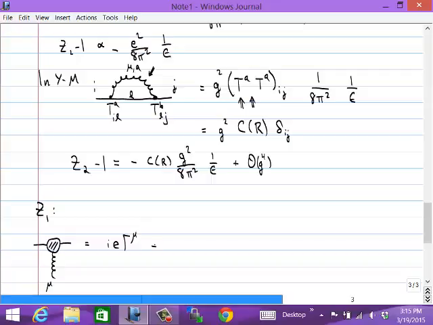And then this was equal to the tree level coupling plus the higher loop couplings. So in the case of electromagnetism, the only one loop contribution, which is the one that gave us the anomalous magnetic moment of the electron, oops, sorry, wrong diagram, was the one that looked like this.